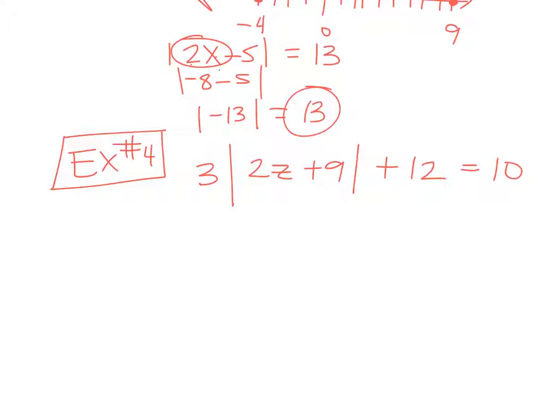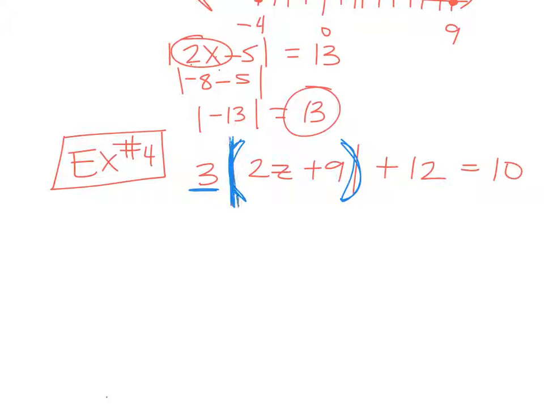What should I get rid of first? The 3 or the 12? You don't want to combine them because this is what it's doing, right? Think of this kind of like parentheses. It's saying 3 times that plus 12, right?